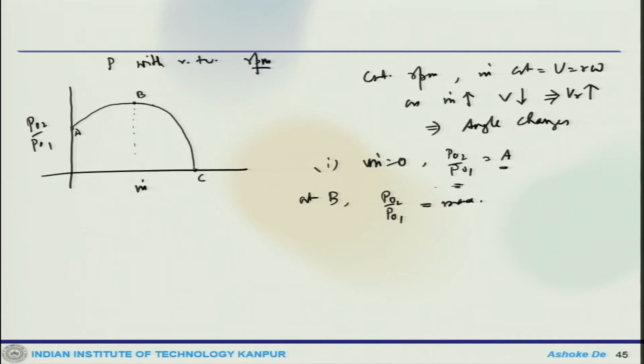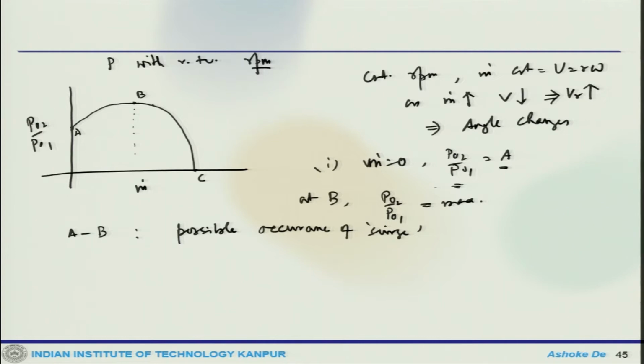In actual practice, point A can be obtained, but the curve between points A and B could not be obtained due to a phenomenon called surge. So, between A and B there is a possible occurrence of surge.